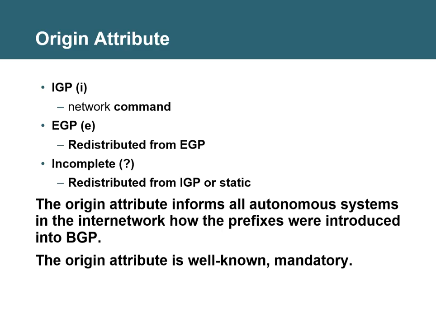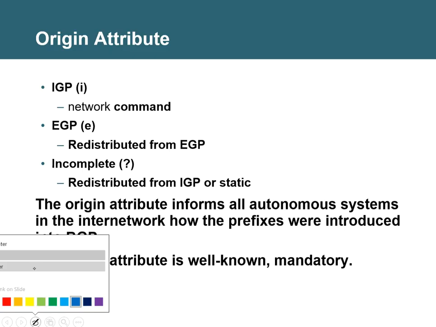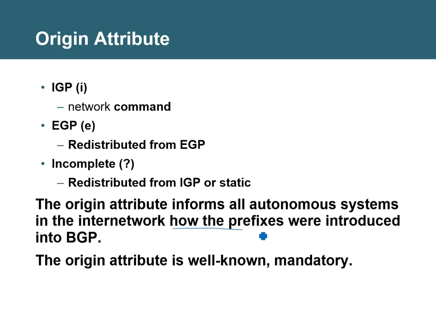In attribute 3 also the word originated comes, so you should not think that this and that are the same. No, that's different. The origin attribute says how the networks, the prefixes, were introduced into BGP.